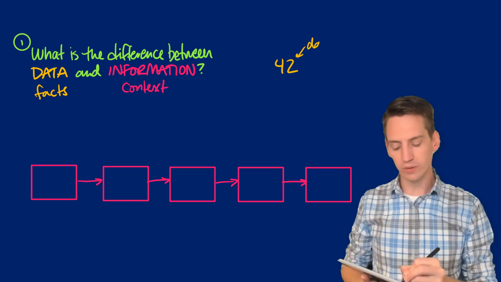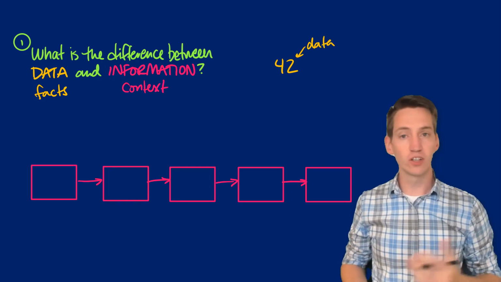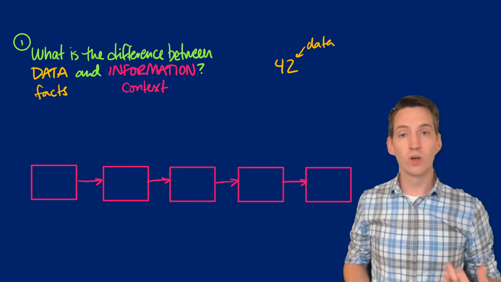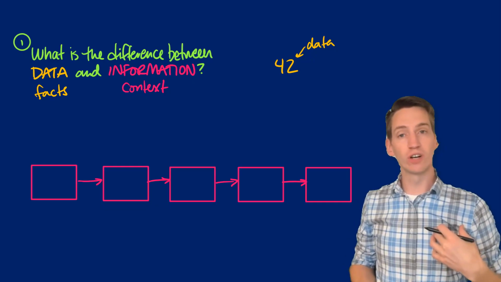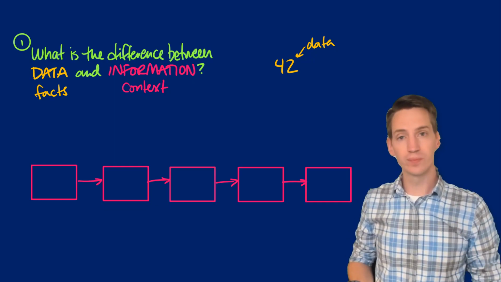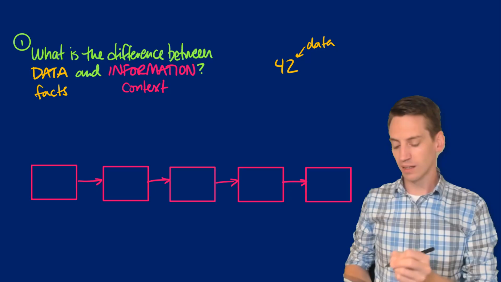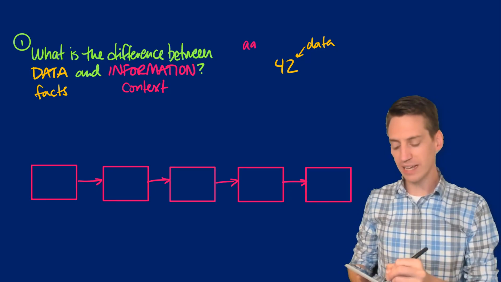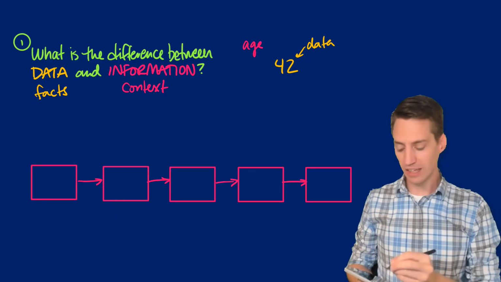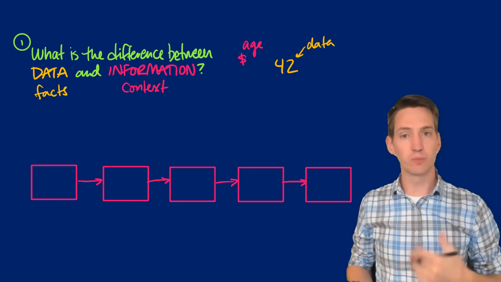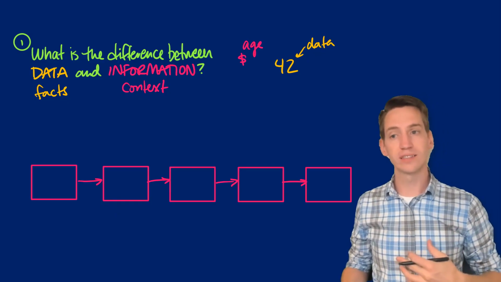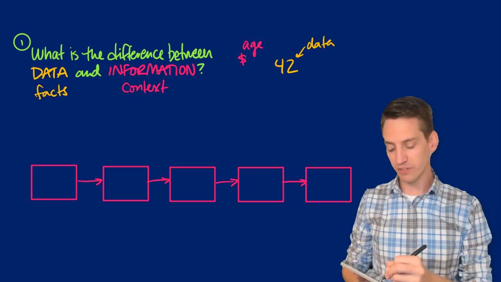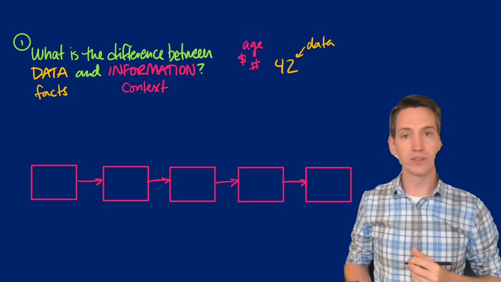So the number 42, this piece of data that we have right here, could mean a bunch of different things. Think for a moment, what could the number 42 mean to you? I have a couple of thoughts. The number 42 could be someone's age. It could be a dollar value, either the price of a good that we're selling or cost. It could be the number of units that we sold.